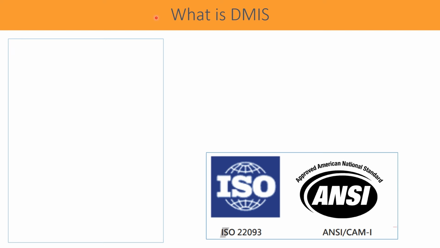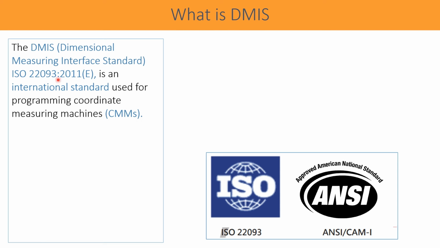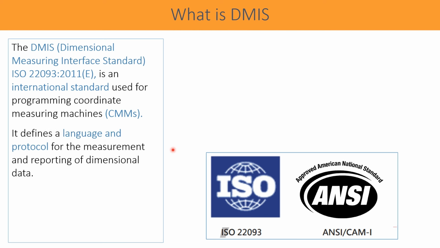Now, the DMIS standard became an international standard. ISO released it as ISO 22093 and it is also approved by ANSI, the American National Standards Institute. This international standard is used for programming coordinate measuring machines. It defines a language and protocol for the measurement and reporting of dimensional data.